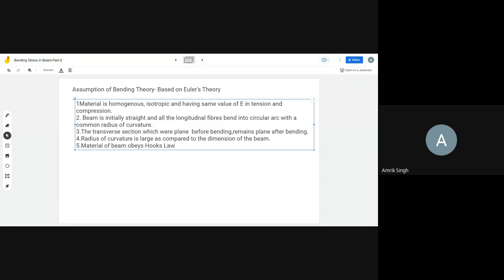Hooke's law says that stress is proportional to strain within the elastic limit.